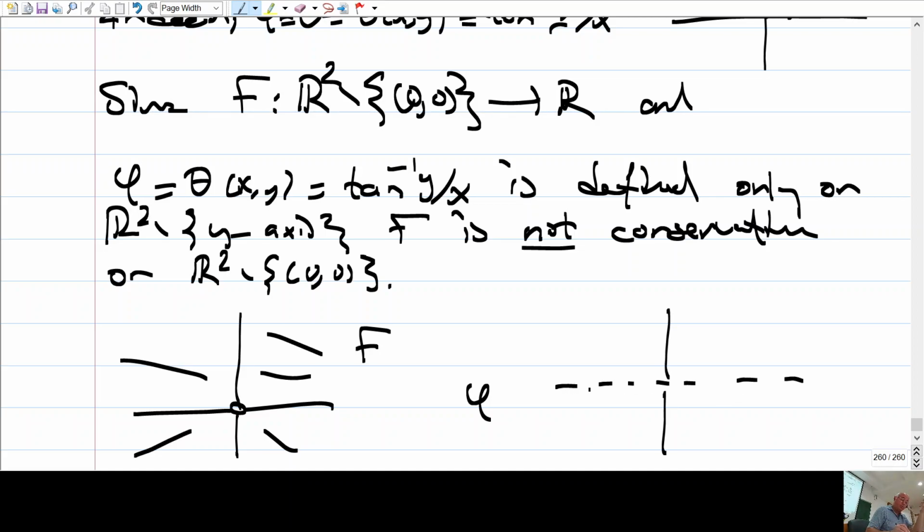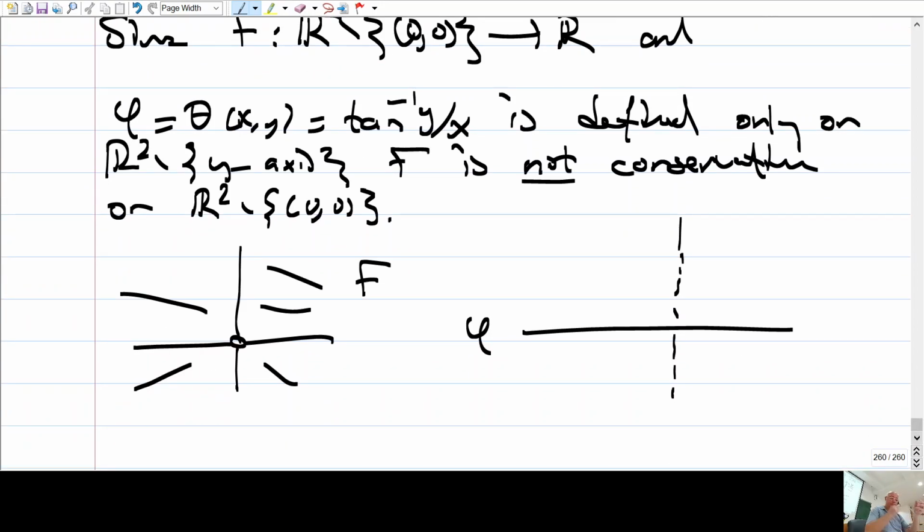It is not defined on the x-axis. No, the y-axis, sorry. It is defined everywhere but the y-axis. So f is the gradient of phi, but phi is not defined on all of R2 minus the origin, and that is why f is not conservative.